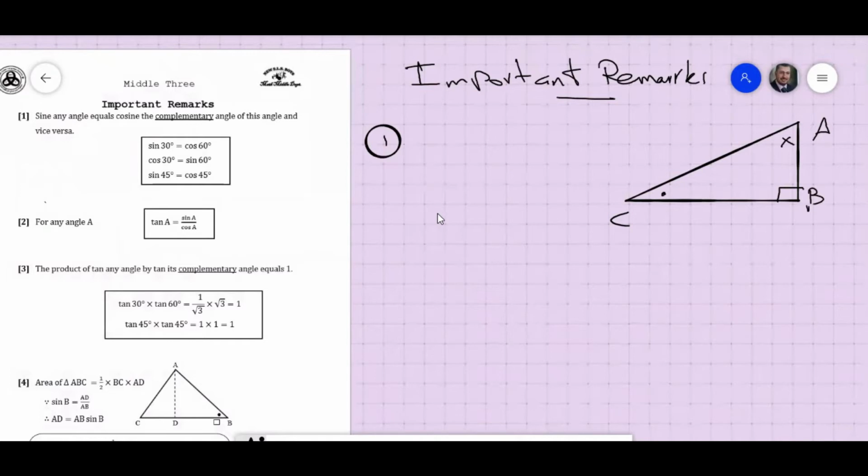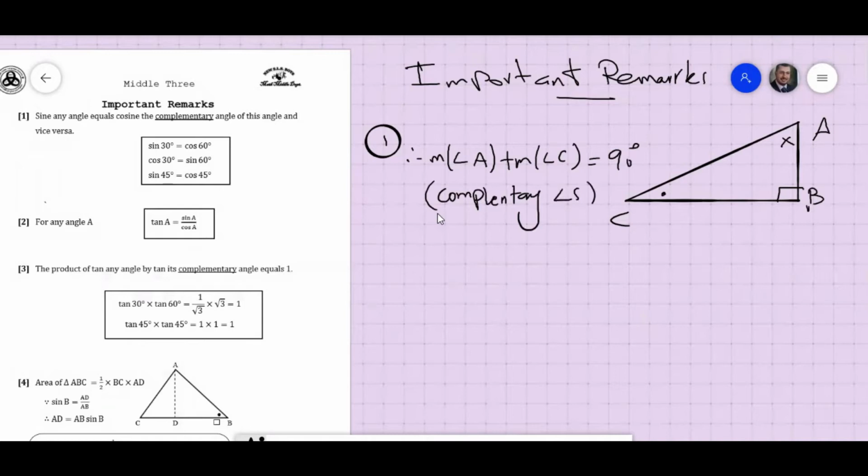So they are called complementary because we have studied before the two angles whose sum equals 90 are called complementary angles. So since measure of angle A plus measure of angle C equals 90, we talk about the complementary angles. We have a very important remark to talk about these two complementary angles.